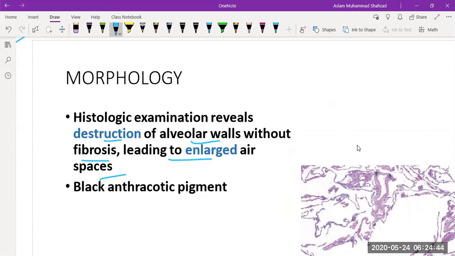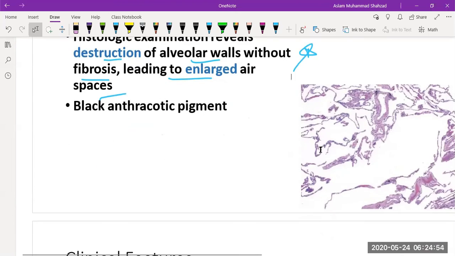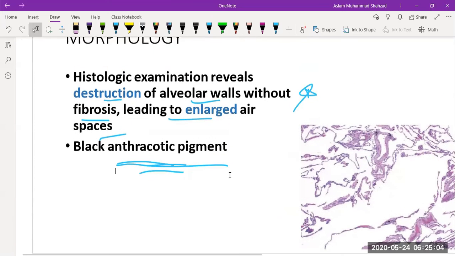The main thing is that there is no fibrosis. This is a key characteristic to differentiate it from other causes of alveolar sac damage. Then there is formation of black anthracotic pigment, which means the person is a smoker. If he is smoking, the black pigment will be found, fibrosis will be found, and the septa and alveolar walls will be broken down.